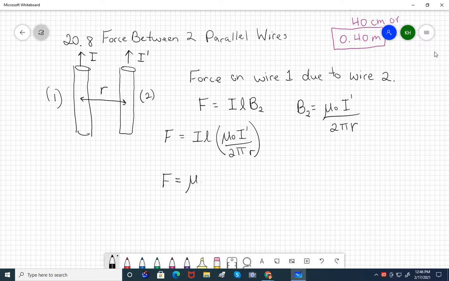Let's go ahead and divide by the L. So we get F over L equals mu naught I I prime over 2 pi r.